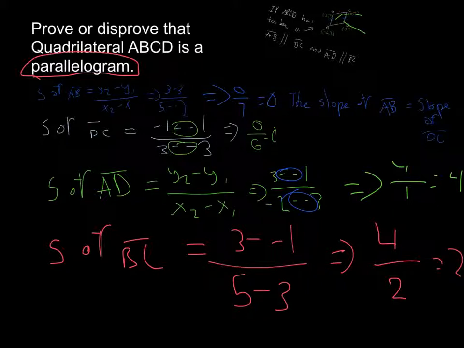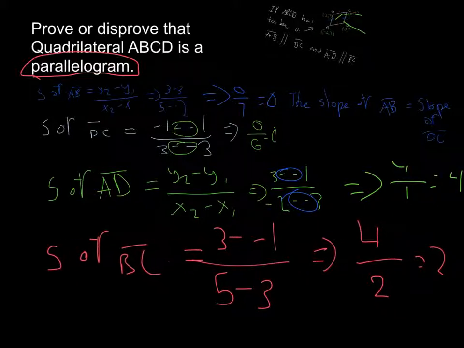Oh no, we got a wrong. They two are not equal. Since these two are not equal, line segment AB is parallel to line segment DC, but line segment AD is not parallel to line segment BC. So let me write what I said right now.